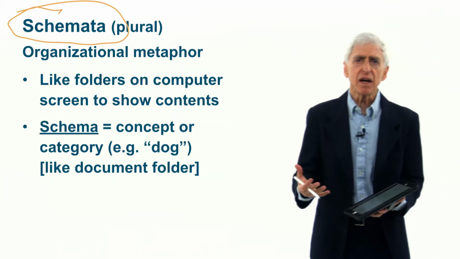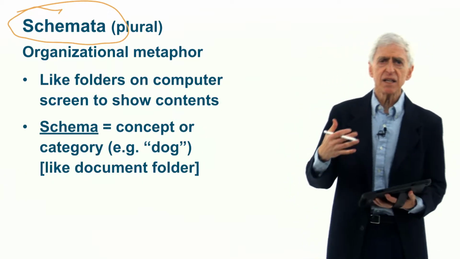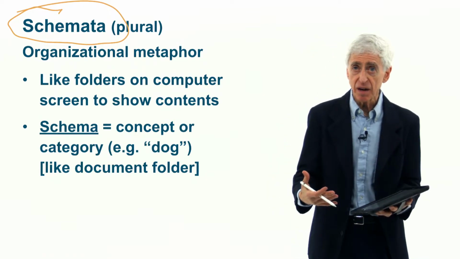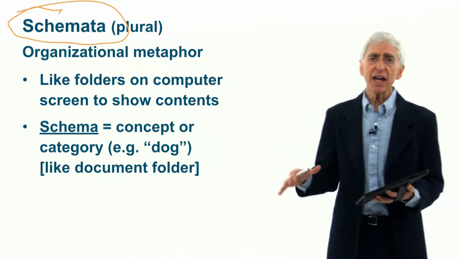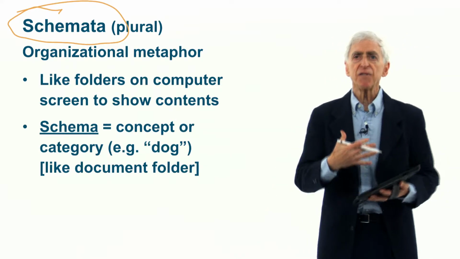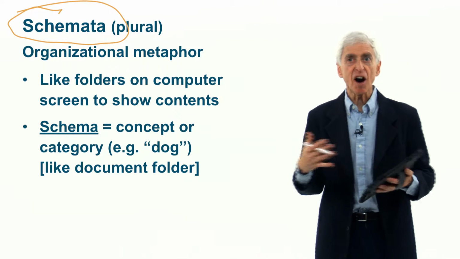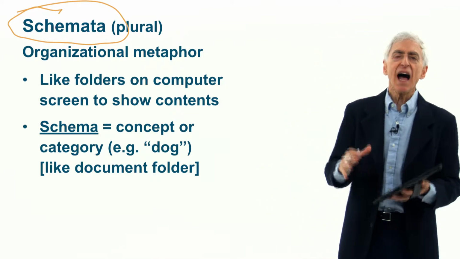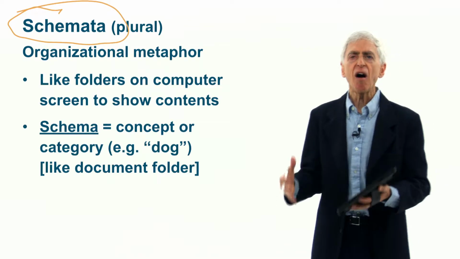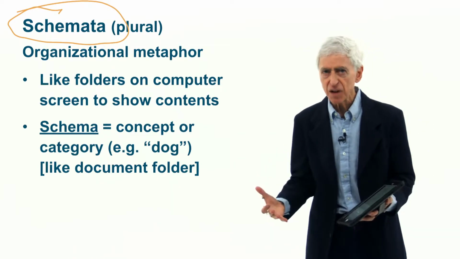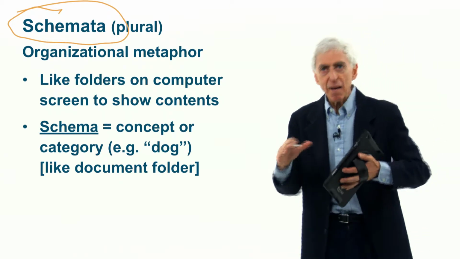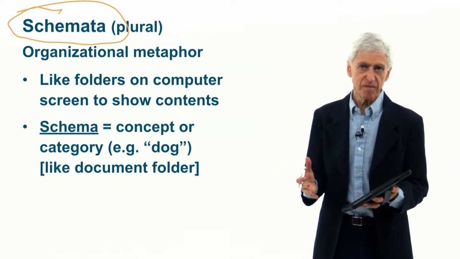So a schema, we might think of that as a concept, a category of information. From a very early age, I had a schema of dog, or you might say dogness. Okay? I made a folder from a very young age of what dog means, the concept of dog, the category of dog, the schema of dog, and I made a folder for it.